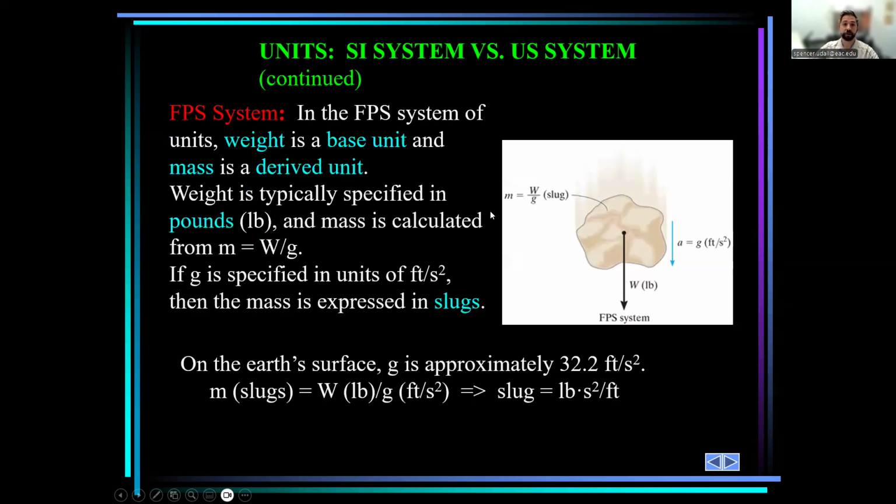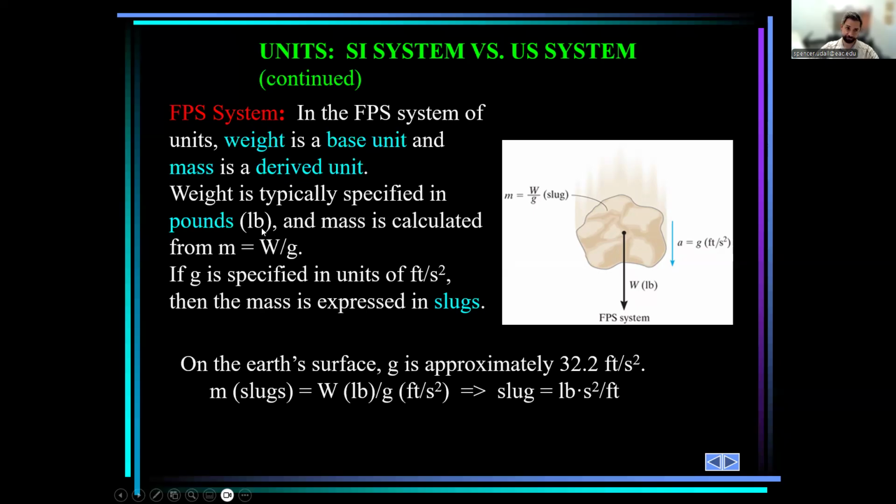Now, for the US system, we've got weight being more of a derived unit rather than a base unit; that's the preferred unit, pounds. We don't use slugs that much, but that is the equivalent of the kilogram. So if we need to come up with a mass, we'll have to take the pounds and divide it by gravity.